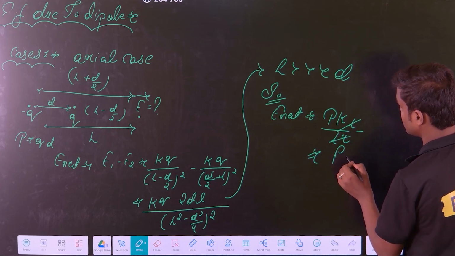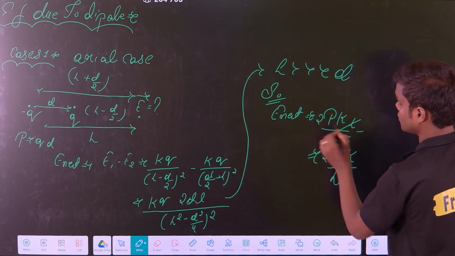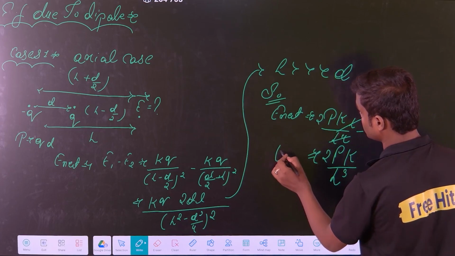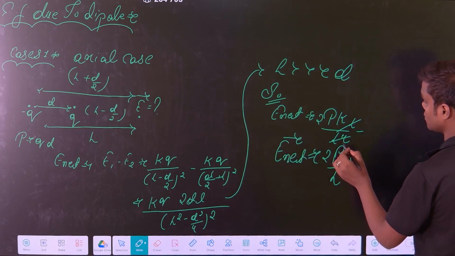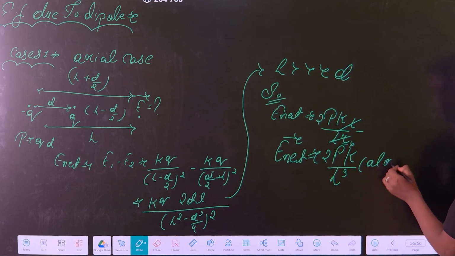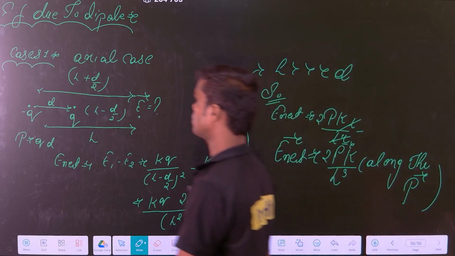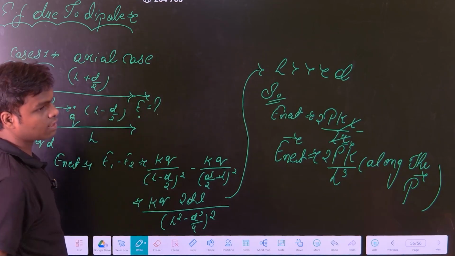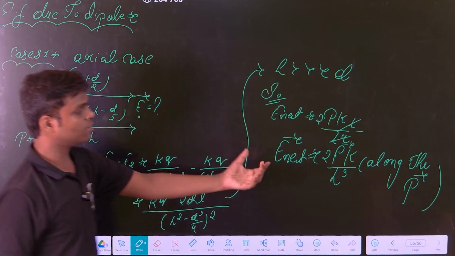You will get Kp by L cube. The 2 will also be here, 2Kp by L cube. This is my E. And what is the direction? It is along the p vector. So in the axial case, what is the electric field due to the dipole? It is 2Kp by L cube.